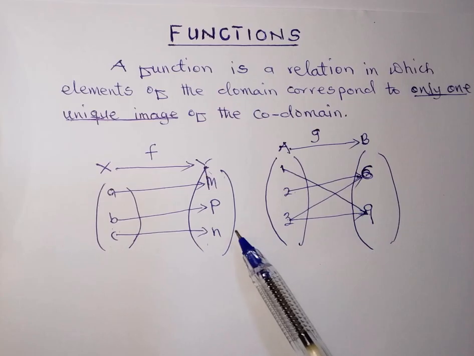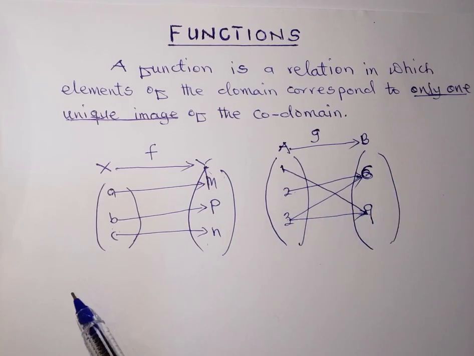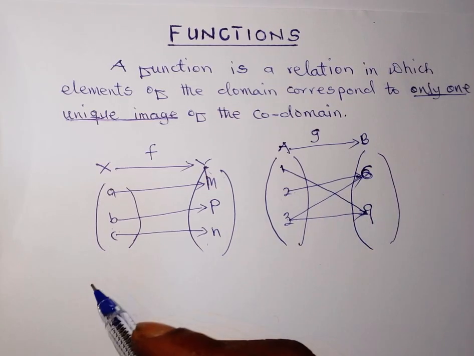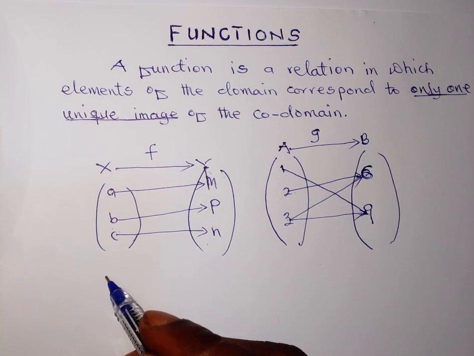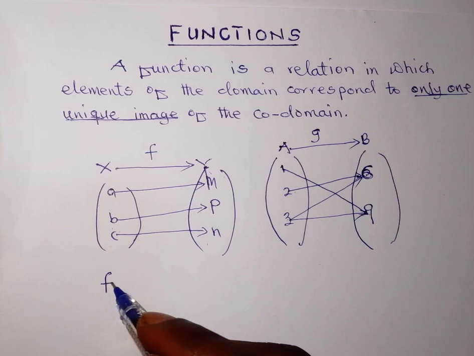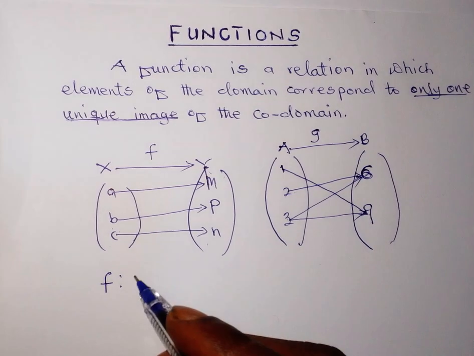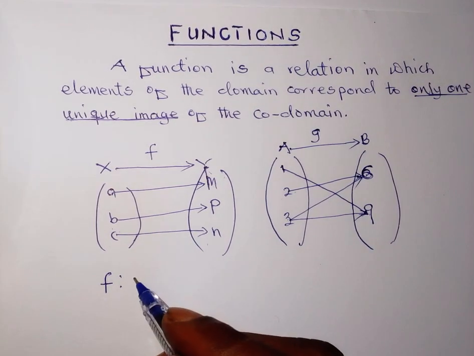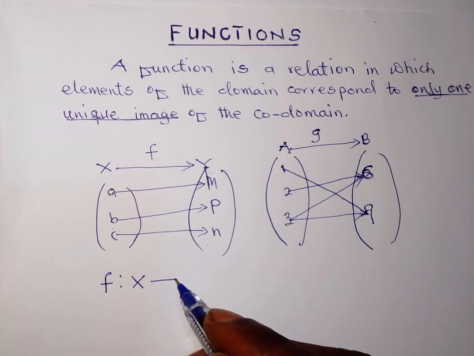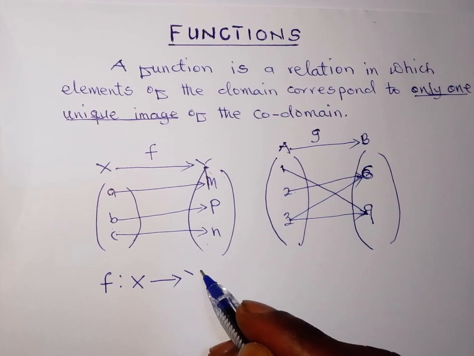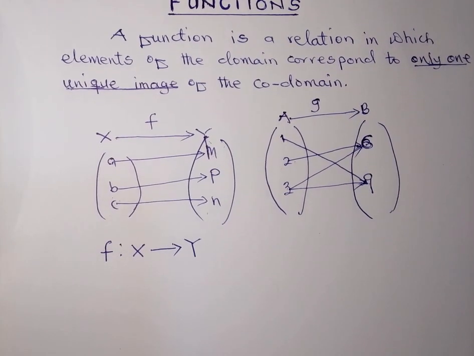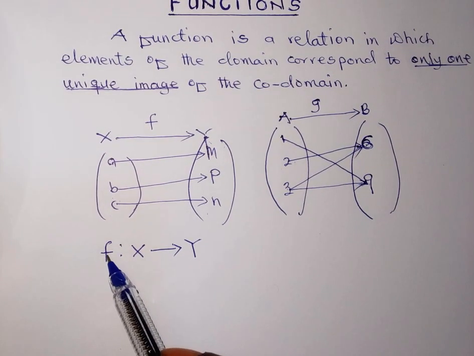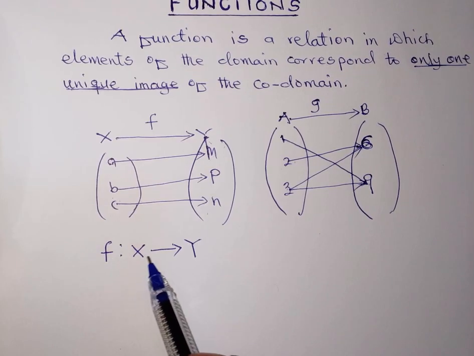Now let's look at some interpretation here. Let me write this notation: f, with x mapping onto y. This is a notation of a function. How do we read this?